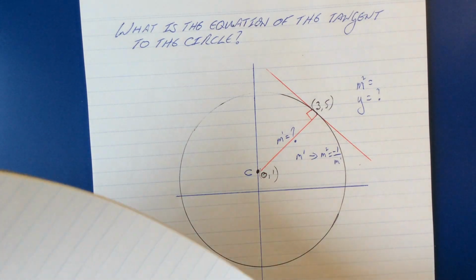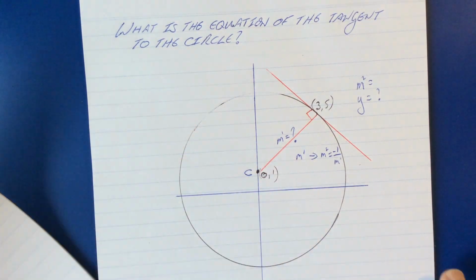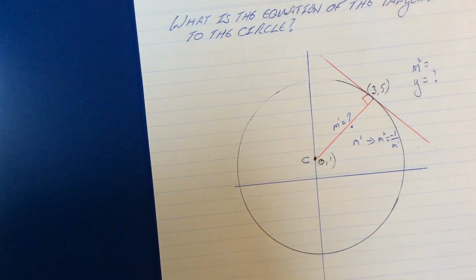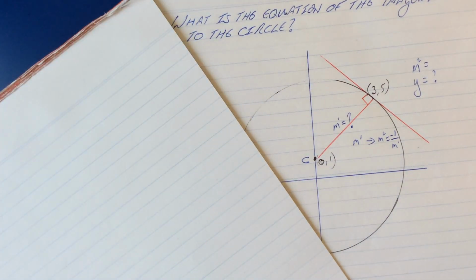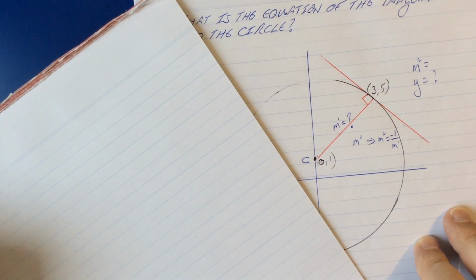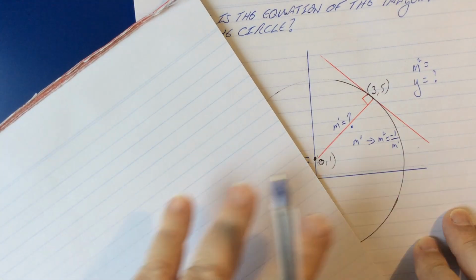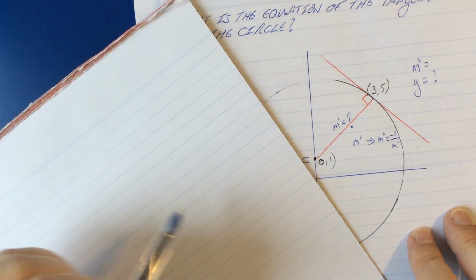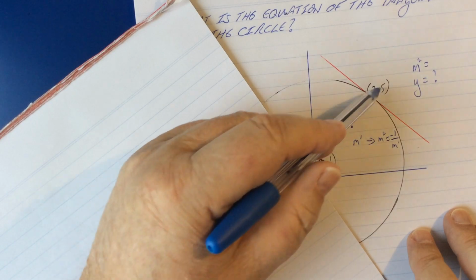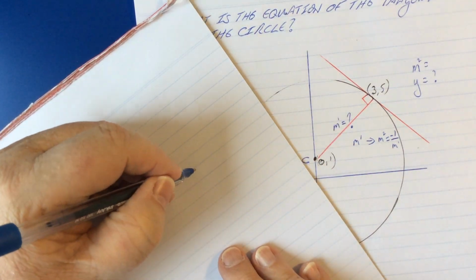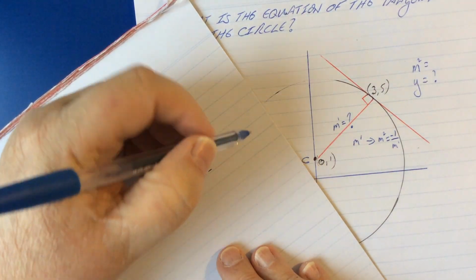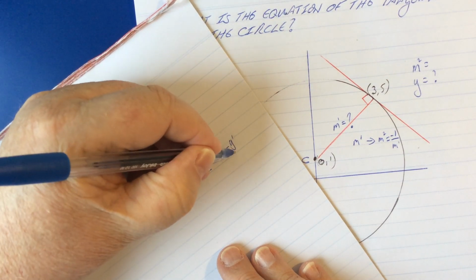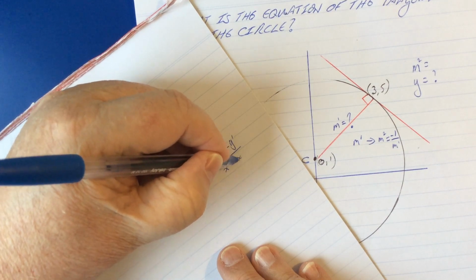Now I'm going to try and do as best I can to keep this in the picture and keep my working on a sheet over here. So I might occasionally obscure that, just forgive me if I do that. So the first thing I'm going to do is figure out this gradient here, and that is equal to y2 minus y1 over x2 minus x1.